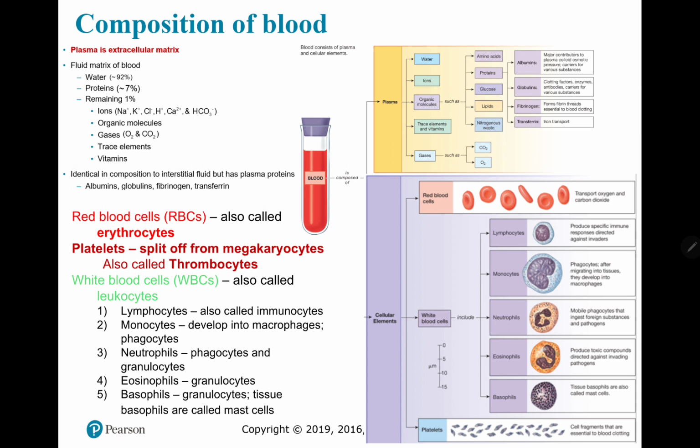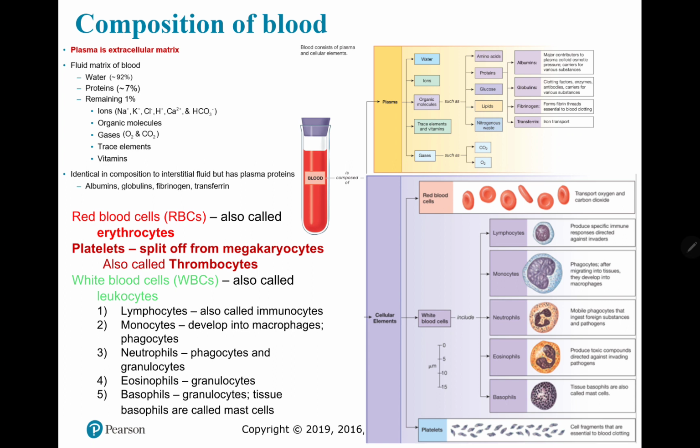So the plasma, which is extracellular fluid, the fluid matrix of your blood, is going to make up 92% water, 7% protein, and the remaining 1% is going to be ions, such as sodium, potassium, chloride, hydrogen, calcium, things like that. Even organic molecules are going to be in the plasma portion, glucose, things like that, as well as dissolved gases such as oxygen and carbon dioxide.